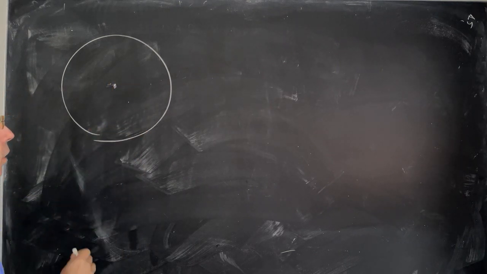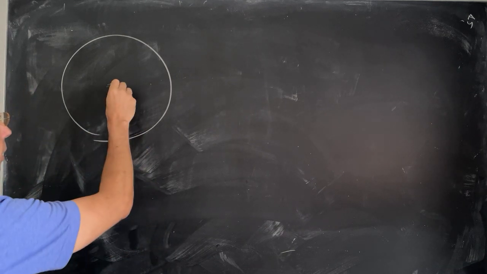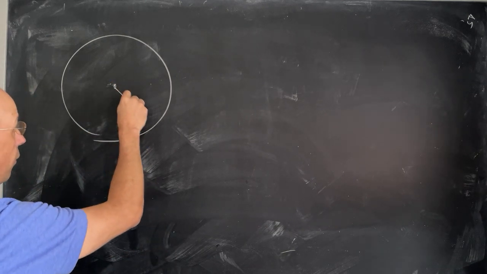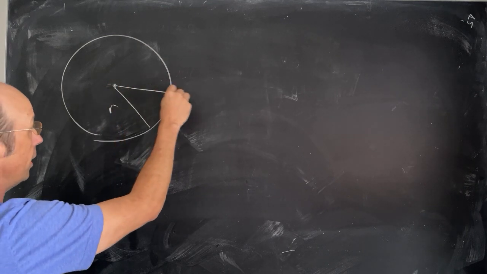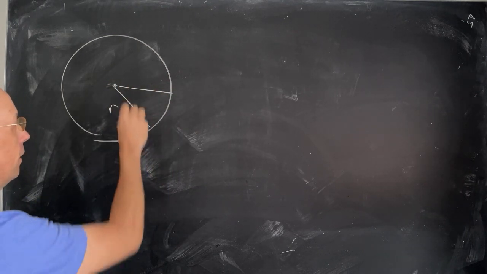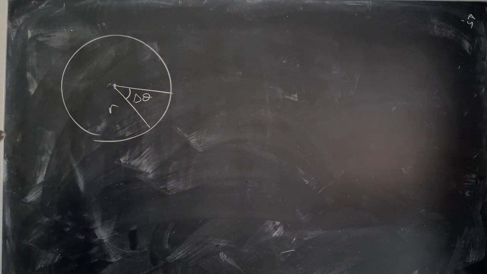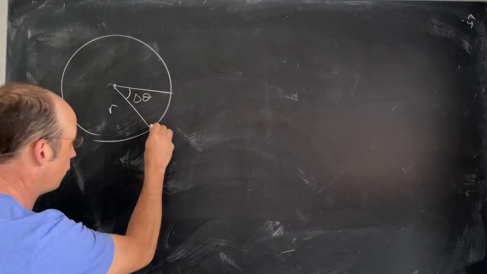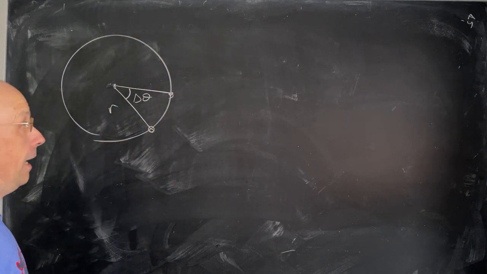Okay. So let's say I have a circle of radius r. The book uses lowercase r, and it starts, let's say, right here. It has a radius of r, and then it moves over here, and I intentionally put it offset. And this is some angle delta theta. So it starts right here, it ends right there, it's moving in a circular path, and the circular path has a radius r.